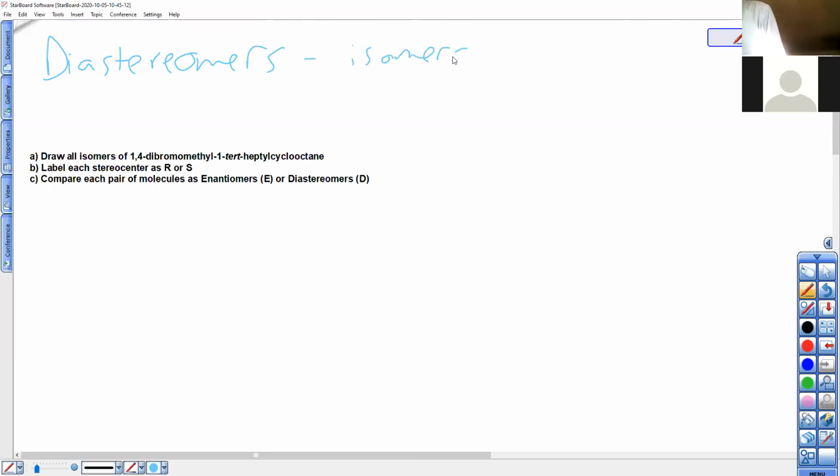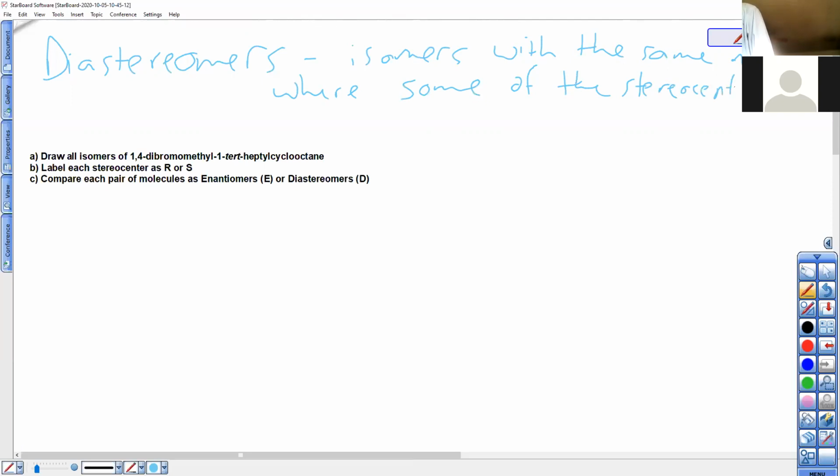Isomers with the same name where some is the magic word of the stereocenters are the same, where some of the stereocenters are the same and some are different.